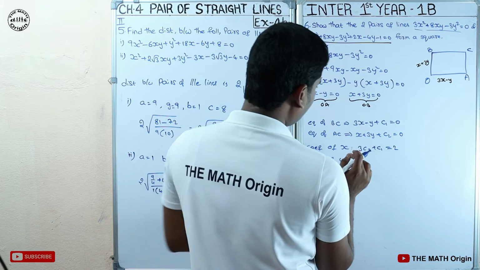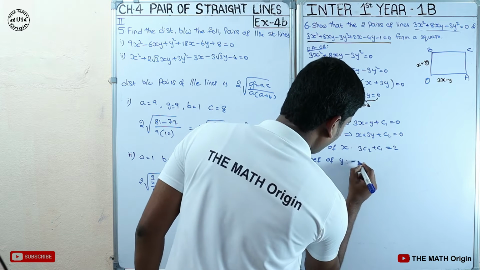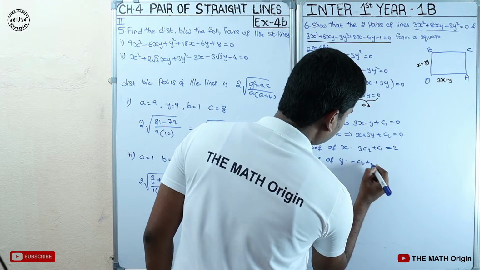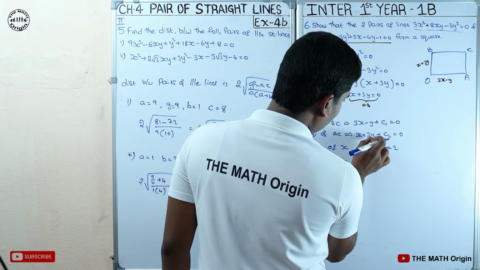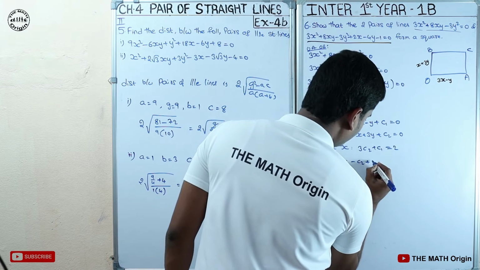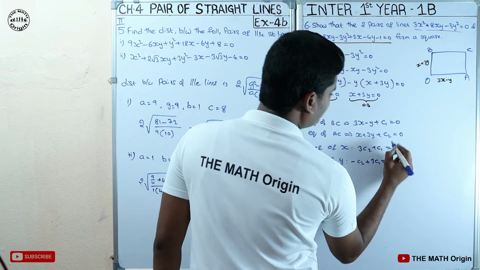Taking y into this complete equation, here I will get minus c2. Next this equation into the first equation, so from here 3c1 will be the coefficient of y, which is equals to minus 4.